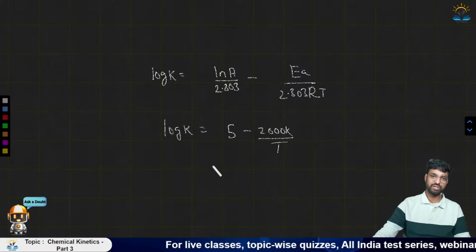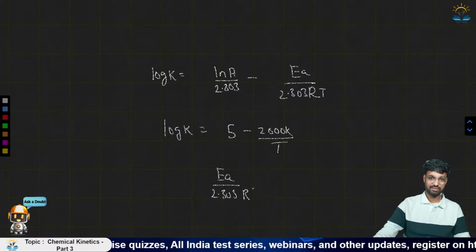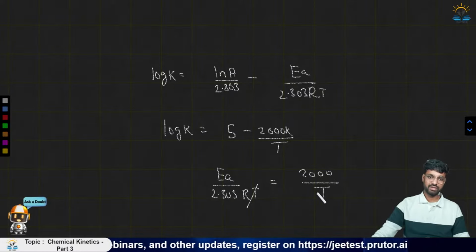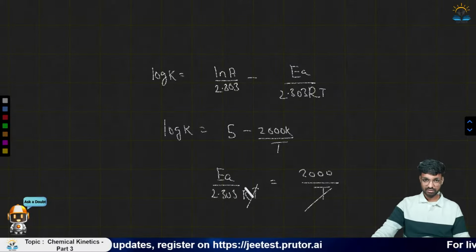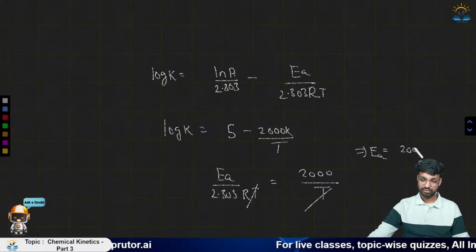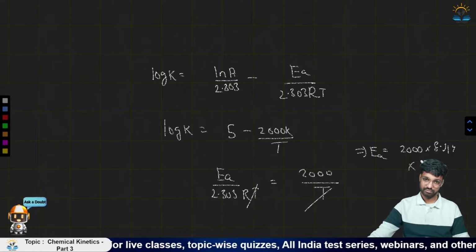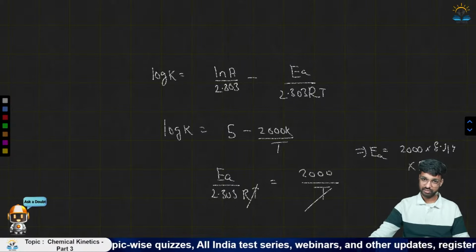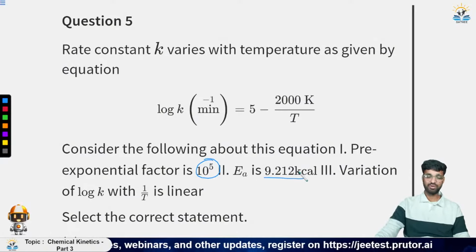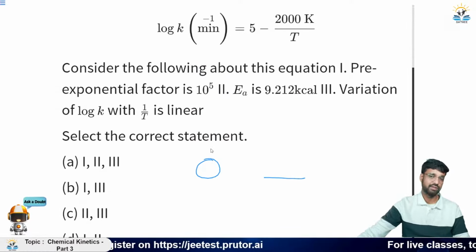Now if we equate both these equations, we will get EA by 2.303 RT is equals to 2000 by T. Now this T and T will get cancelled. Now if you further solve this equation, EA is equals to 2000 into 8.314 into 2.303. Now if you solve this, you will get your answer. So you can check whether it is 9.212. It will be solved in the later slides also. So do not worry.